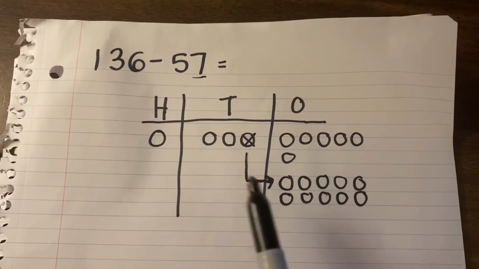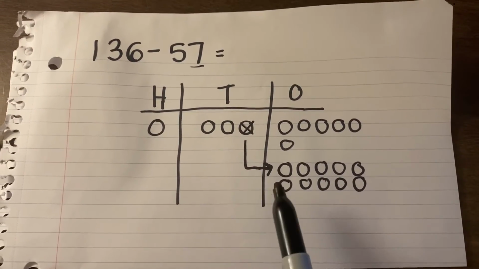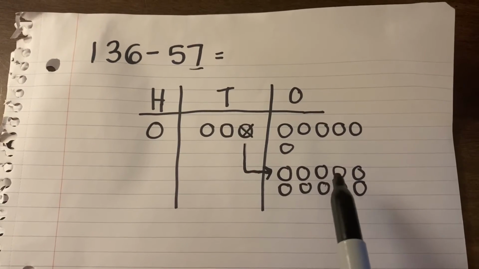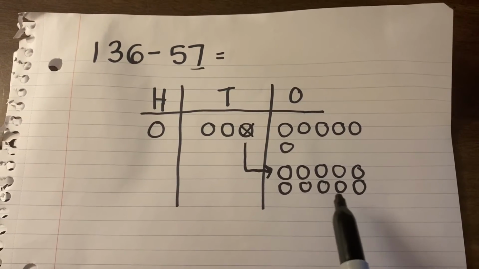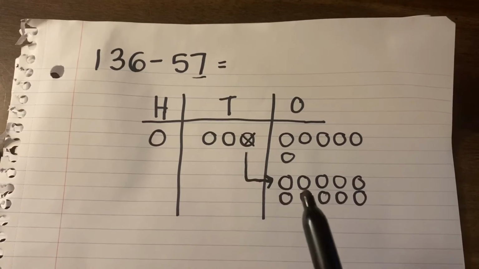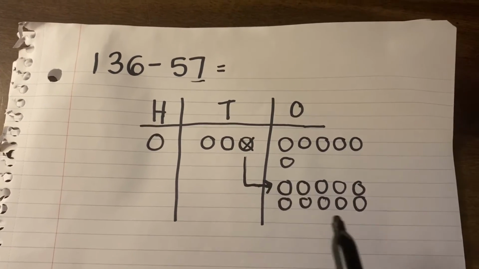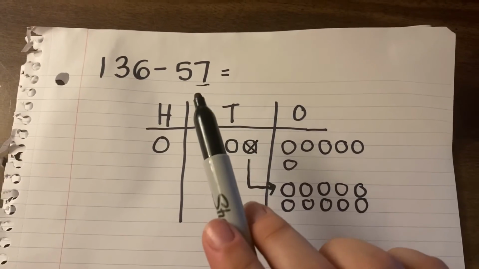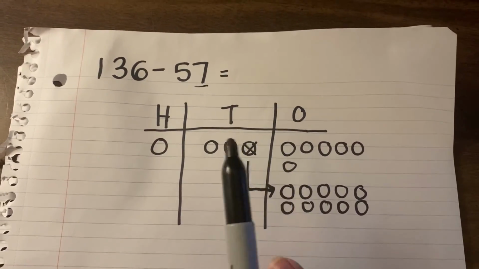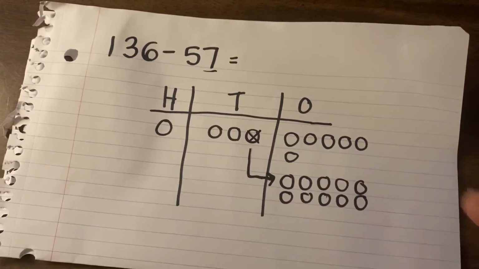All right, so we unbundled that 10, and in its place put 10 ones. 1, 2, 3, 4, 5, 6, 7, 8, 9, 10. So now I definitely have enough ones to subtract my 7. Let's go ahead and cross out our 7 ones.